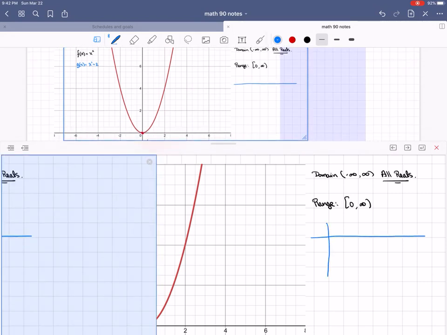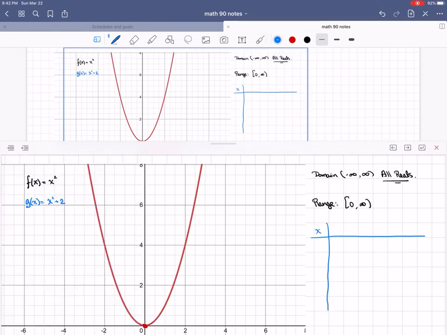So we're going to build a little table. In the leftmost column, we're going to put the value of x. Then here we'll figure out the value of x squared plus 2. In other words, we're figuring out the value of g of x. And then just to keep ourselves honest, we'll make sure to write the point that we're then going to plot on our graph.